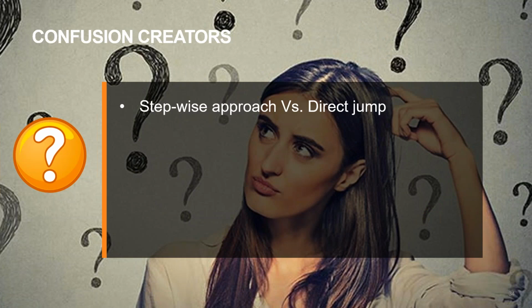In terms of any technology, every installation is unique and every upgrade process poses new challenges, and I'll just talk about three very quick confusion creators, as I call them. For example, a lot of times all of us wonder, should we go with a stepwise upgrade? For example, if we are on 7.2, should we go to 7.5 and then move ahead, or should we directly jump to, say, version 8 or version 9?